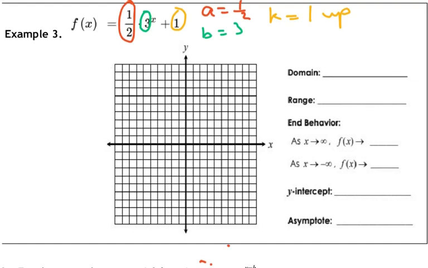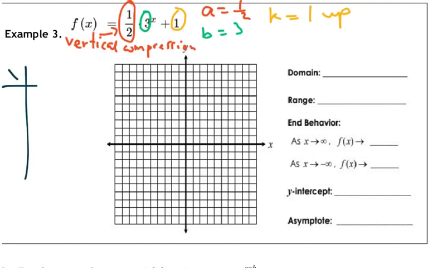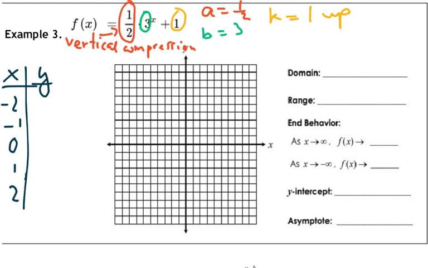To graph this function, again, we're going to use an x and y t-table with values -2, -1, 0, 1, and 2. The first value is -2, so when we plug in, it's going to be 1/2 times 3 to the negative second power plus 1.